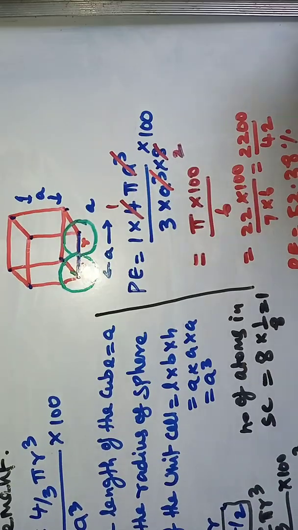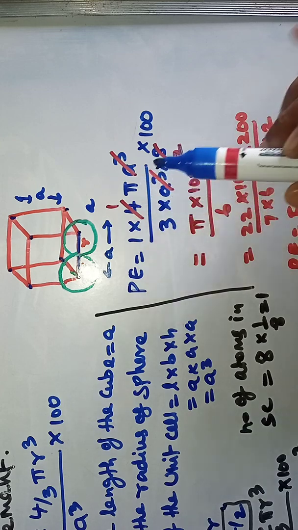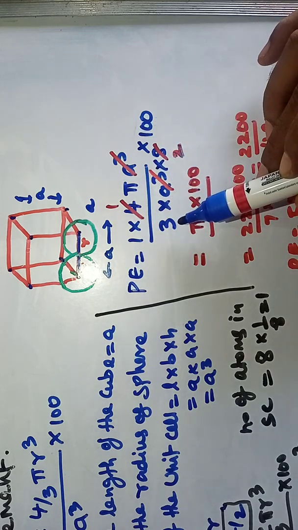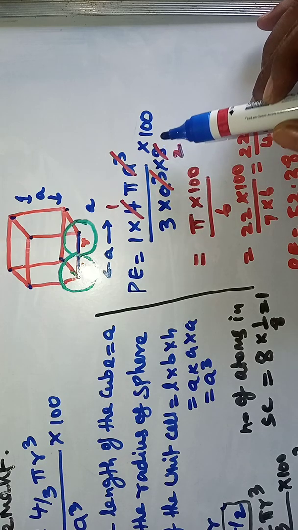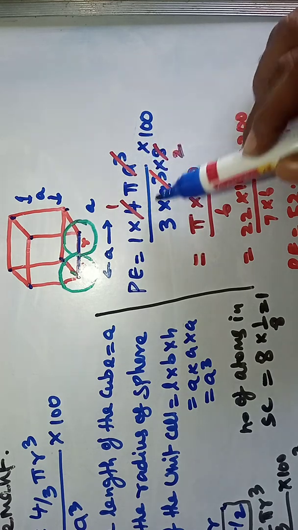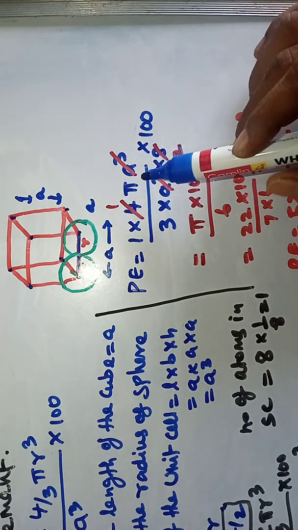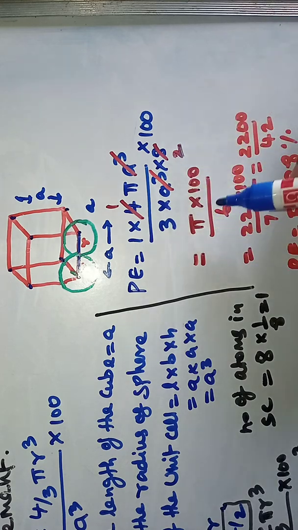We simplify this. Packing efficiency is equal to 1 into 4 pi A cube divided by 3 into A cube into 8, since 2 cubed is 8. So we strike out the A cube, and 1 fours are 4 and 2 fours are 8. Now packing efficiency is equal to pi into 100 divided by 6.